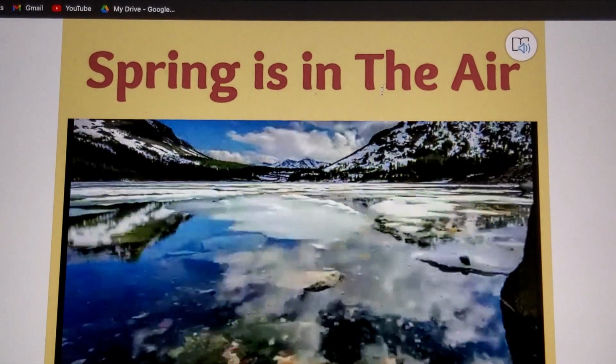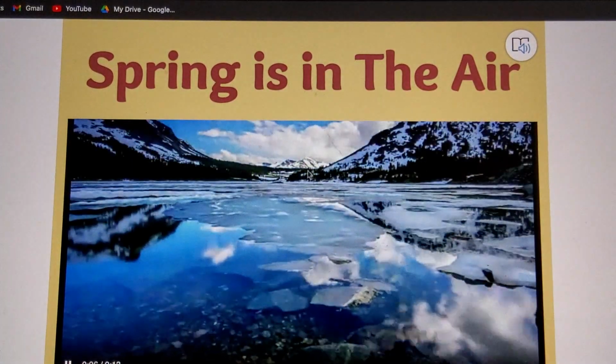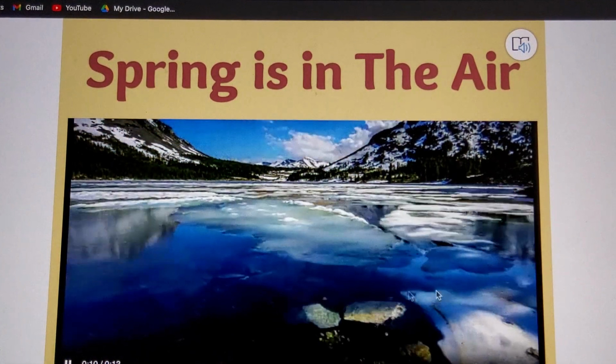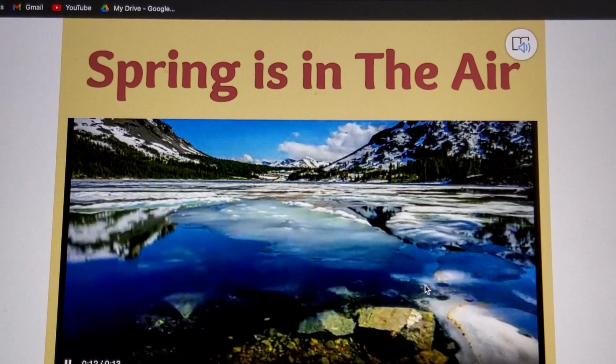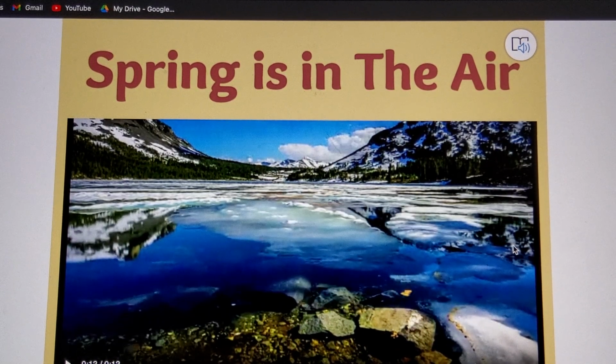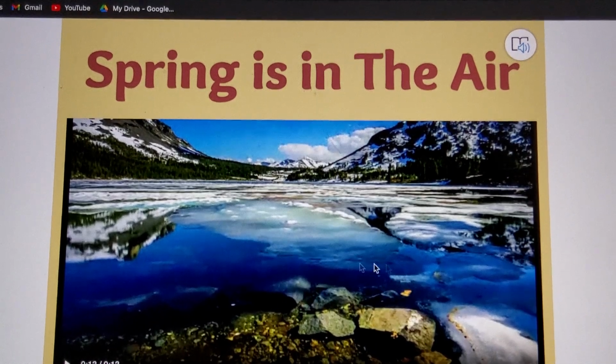As you can see, the season is changing day by day. We have ice here, and then right here it's getting warmer. The ice broke apart and melted as it got to spring. See, spring is in the air.